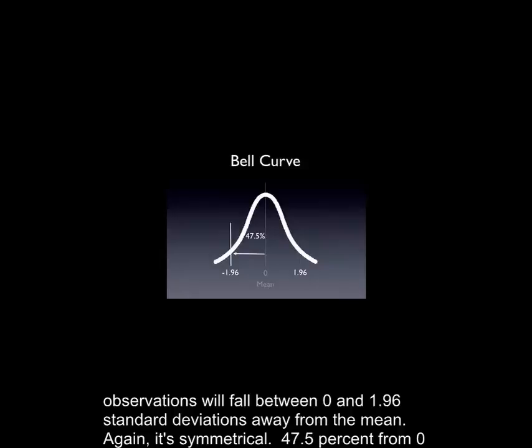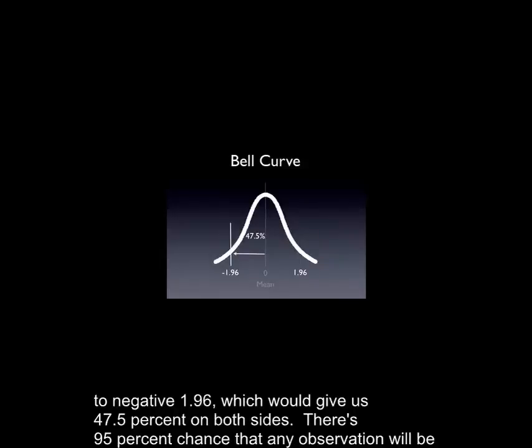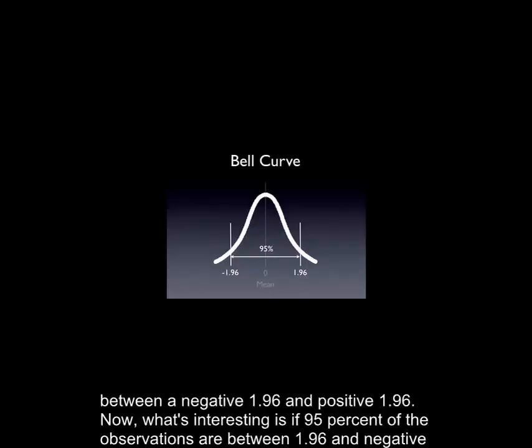Again, it's symmetrical, 47.5% from 0 to negative 1.96, which would give us 47.5% on both sides. There's a 95% chance that any observation will be between negative 1.96 and positive 1.96.